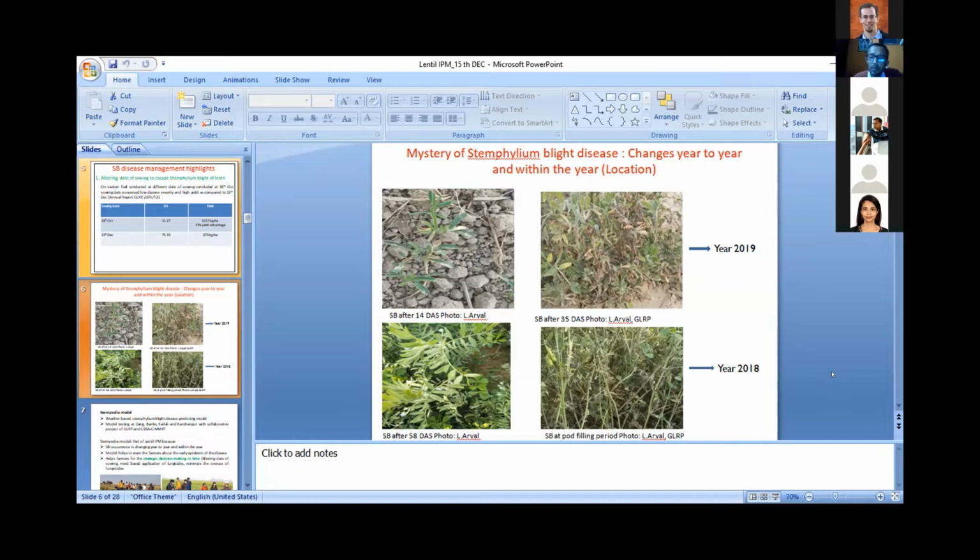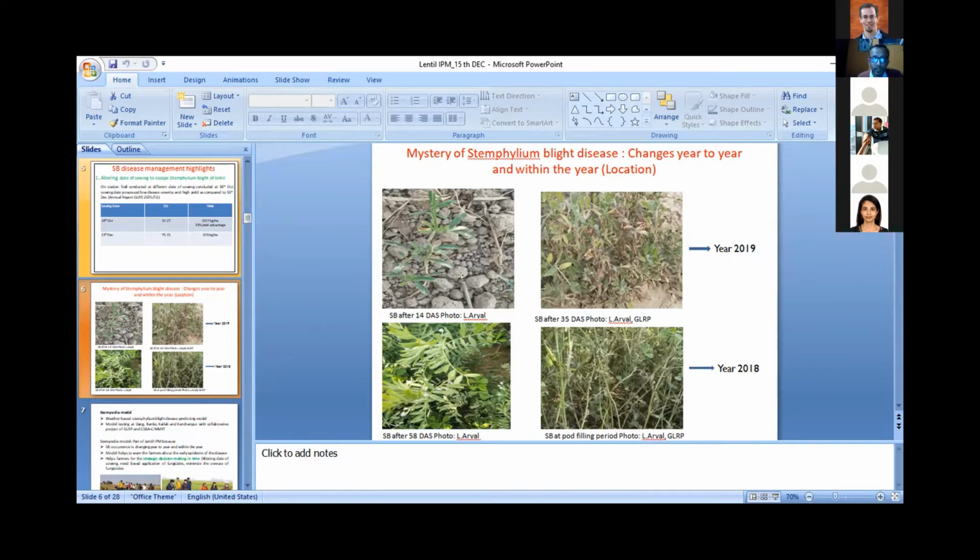And this is the mystery about stemphylium blight. In 2018 and 2019, we saw the appearance of the disease at different stages of the crop. In the literature, we assume that stemphylium blight appears at the later stage of the crop, but that is not what we saw in the field over the last 2 years.